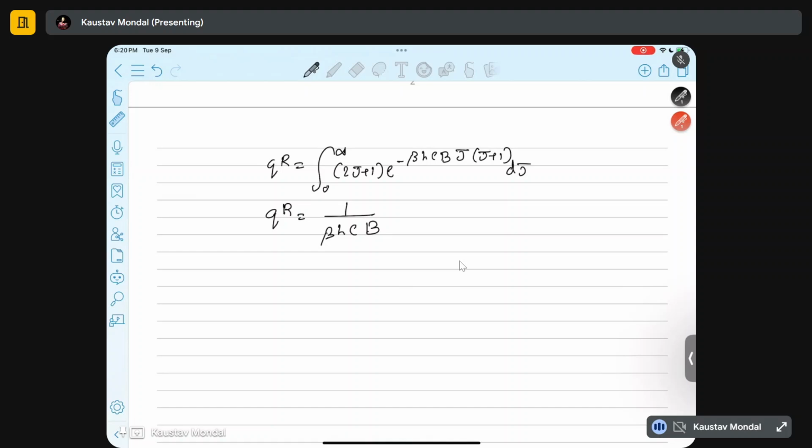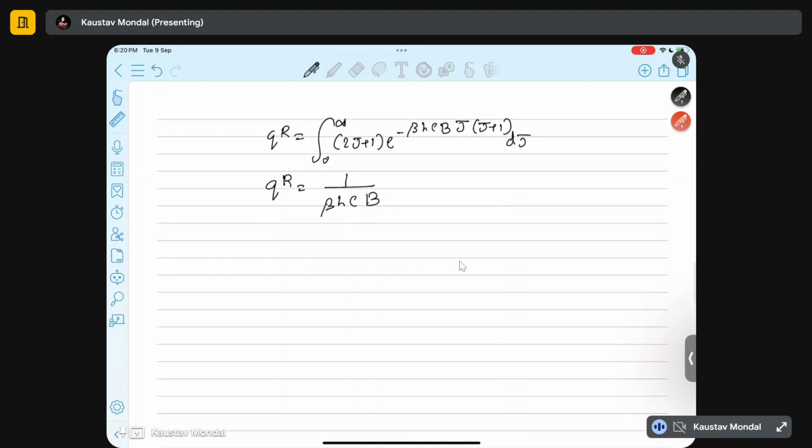There is a limitation to this simplification. It is only true when the temperature is high, meaning high with respect to a certain cutoff temperature.